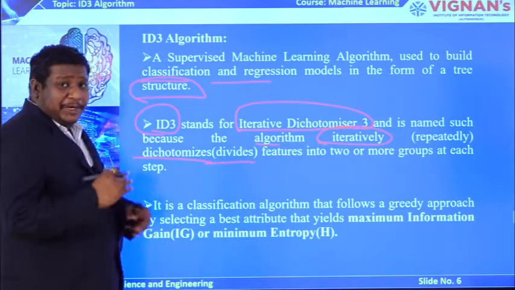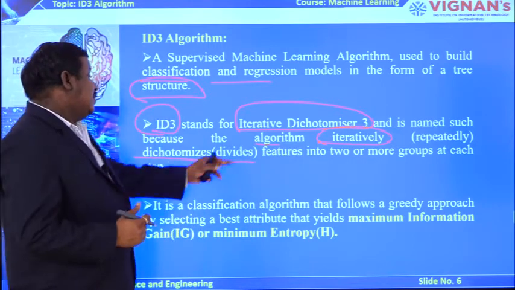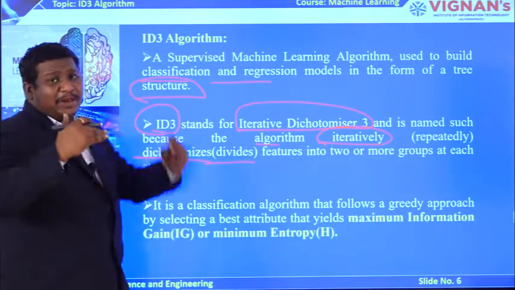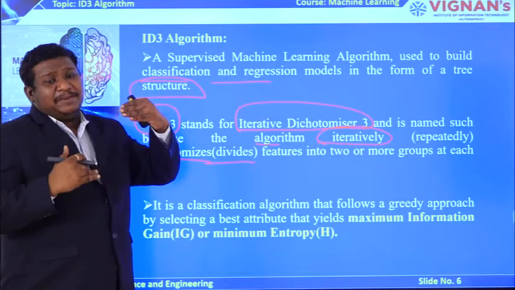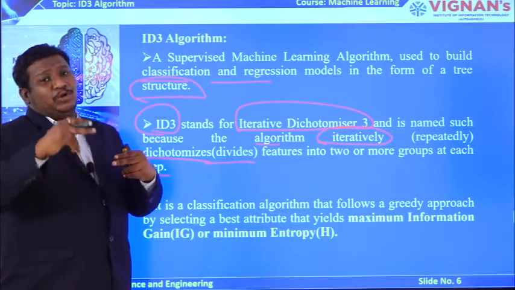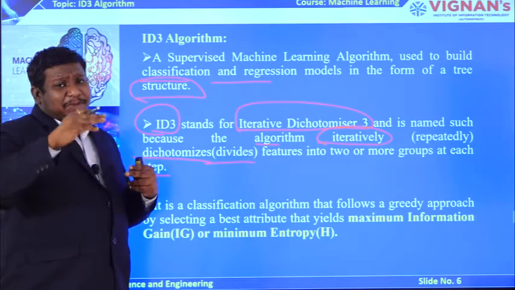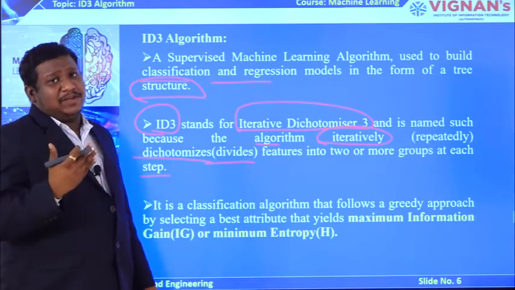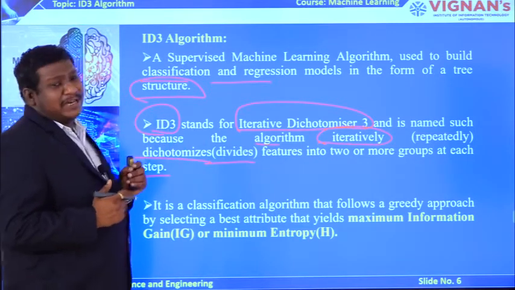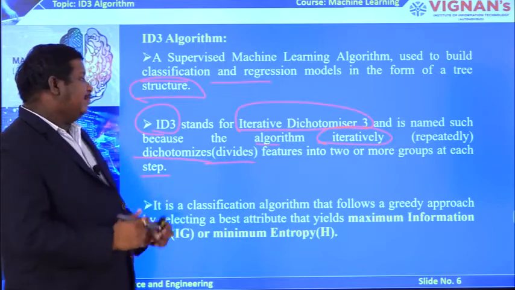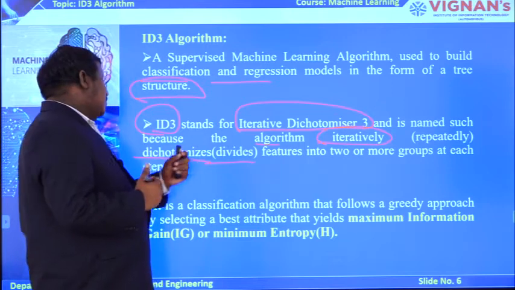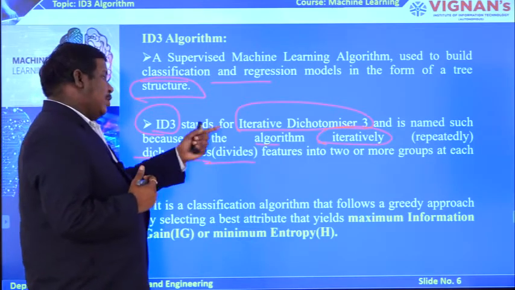It is going to repeatedly divide the features into two or more groups at each step. From one step to the next, at each and every step, you divide the things into two or more groups. Iterative stands for repeatedly and dichotomizer stands for dividing the features into two or more groups.